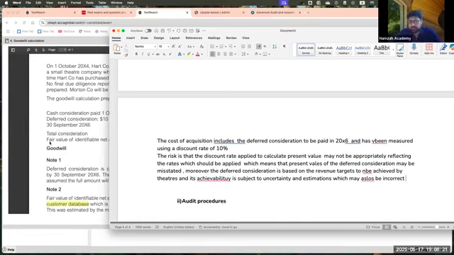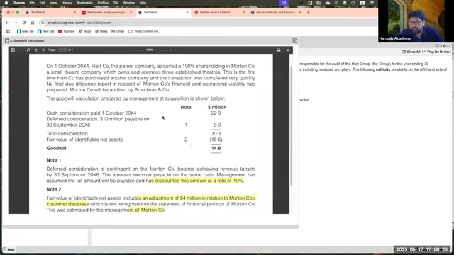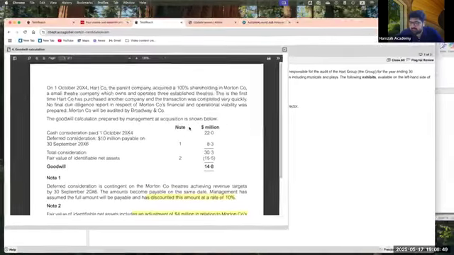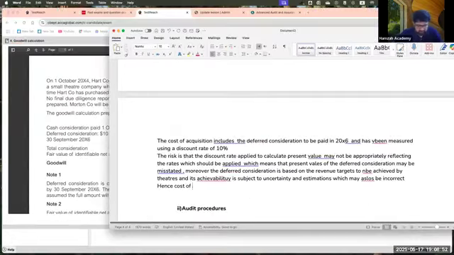Now, hence, 8.3 million. Hence, the cost of acquisition payable may not be the same as recorded, and goodwill may be overstated.